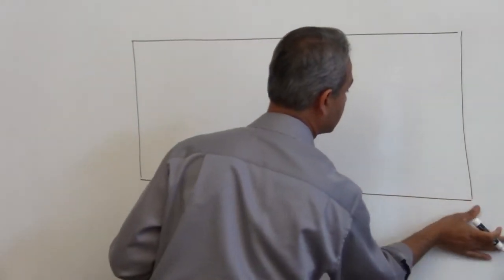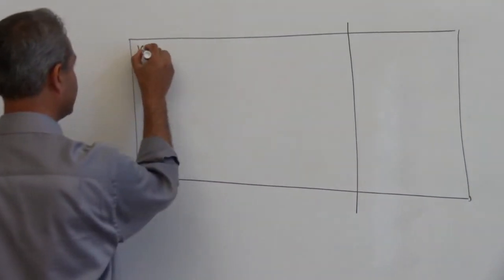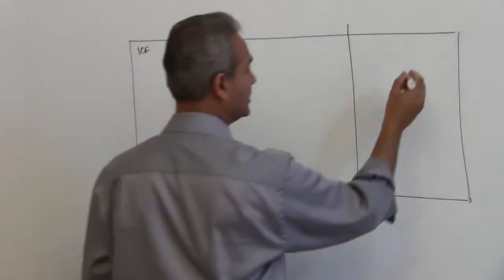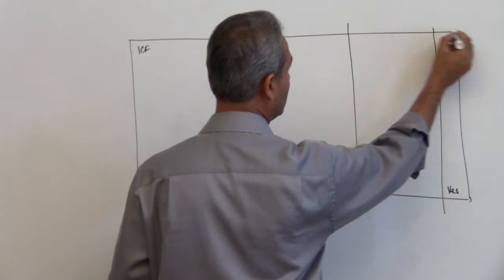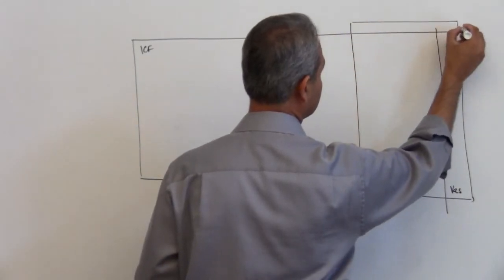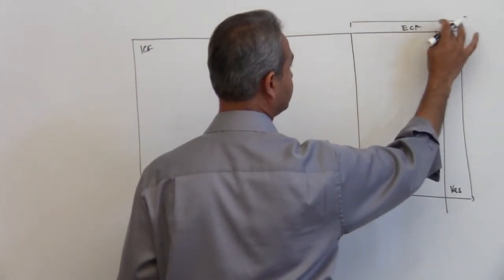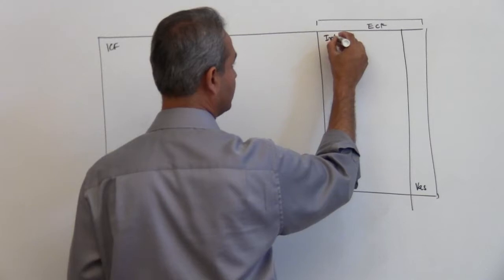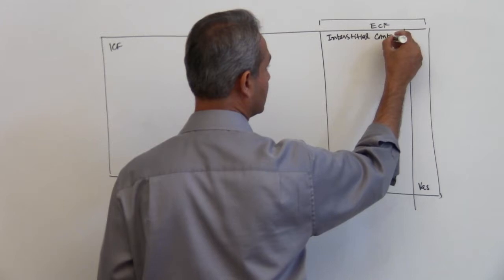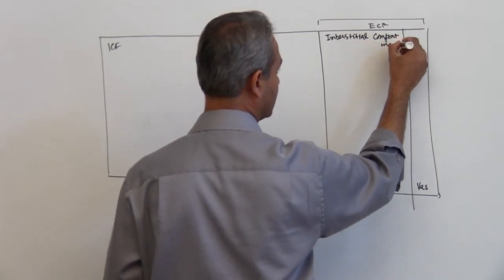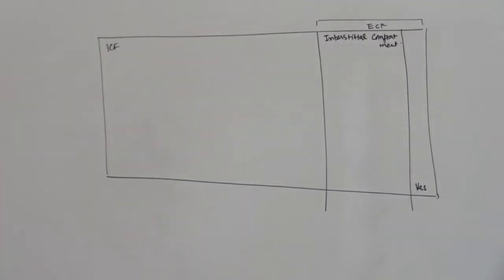Let's say this is ICF, this is the vascular compartment, this whole compartment is ECF, right, and this is the interstitial compartment. So the question is, what is the idea of tonicity? What do we mean by tonicity?